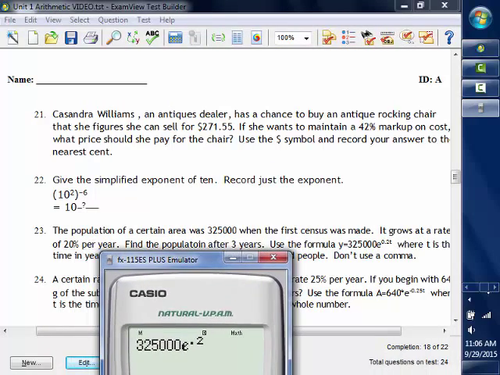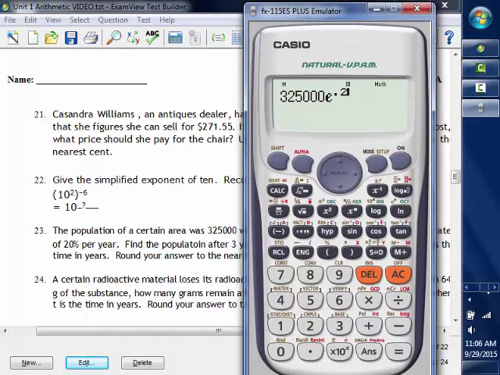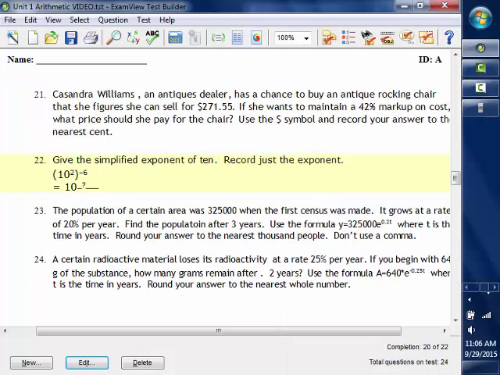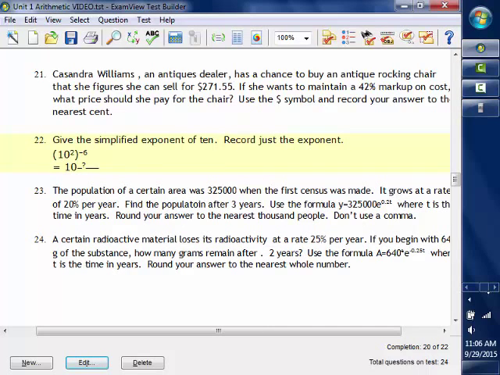Find the population after 3 years, so times 3, because it's 3 years, and you get 592,188, or 592,189, because it's rounded up. They just want it to the nearest 1,000 anyway.